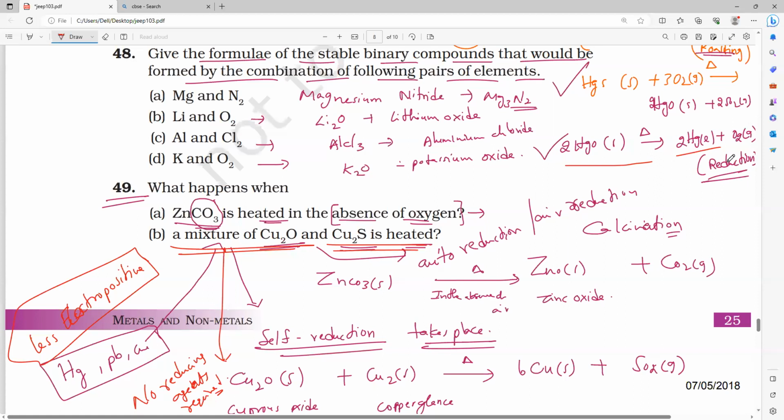Hg plus O2. Clear, everybody? Same way, mercury(II) oxide is thermally unstable and decomposes to mercury. Please write it. Thermally unstable, so it directly converts into mercury plus oxygen.